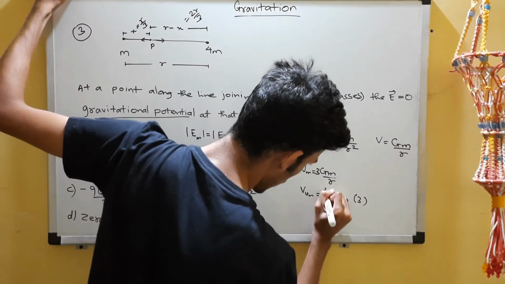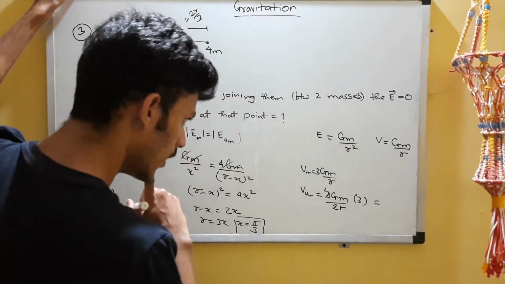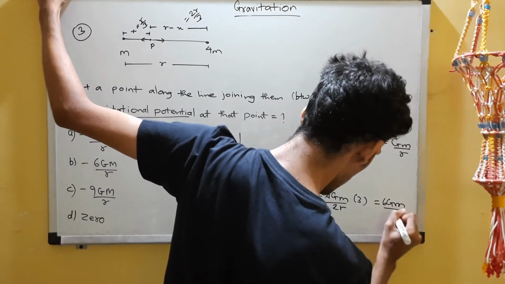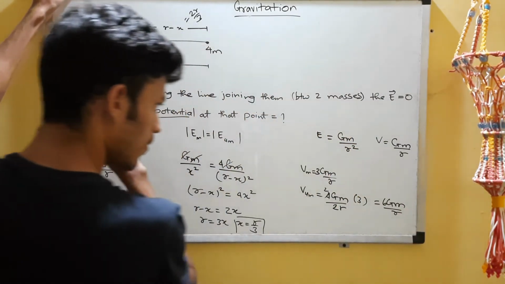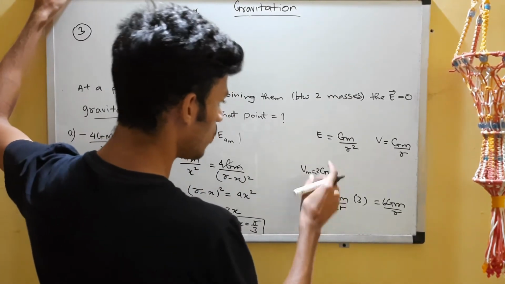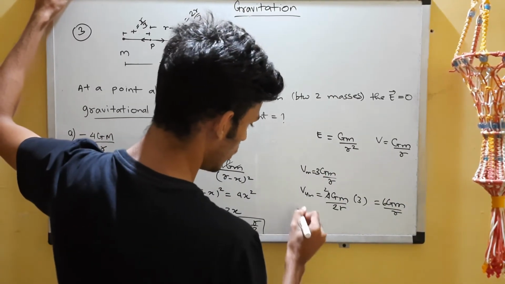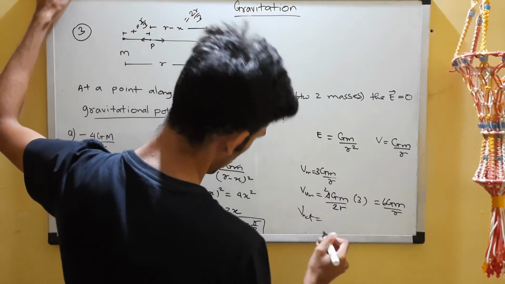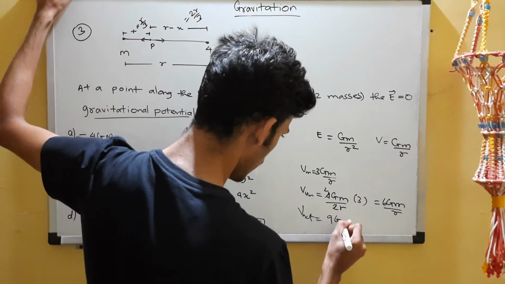So this and this can get cancelled. This will give you 2 3s are 6, so 6GM by r. You just have to add these two. Potential is a scalar, you can directly add it. So V net will be 3 plus 6, which is 9GM by r.